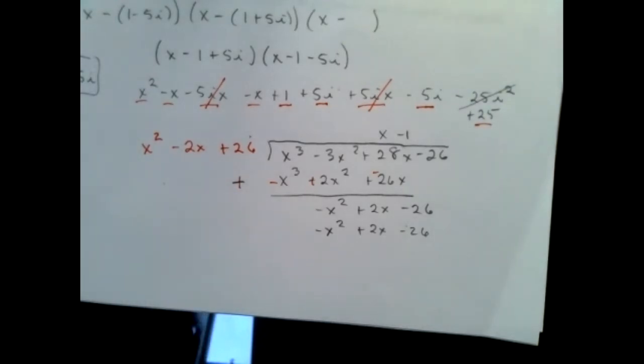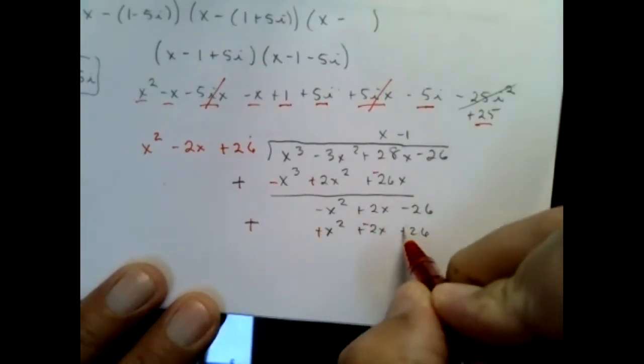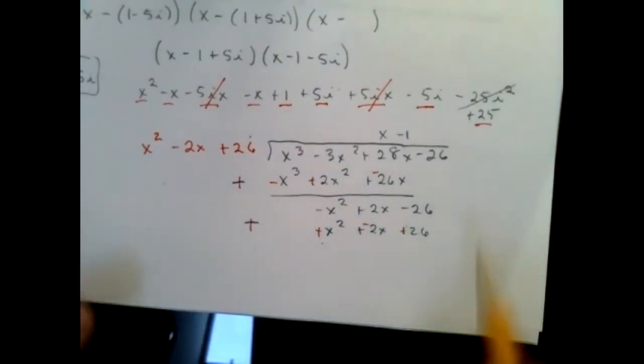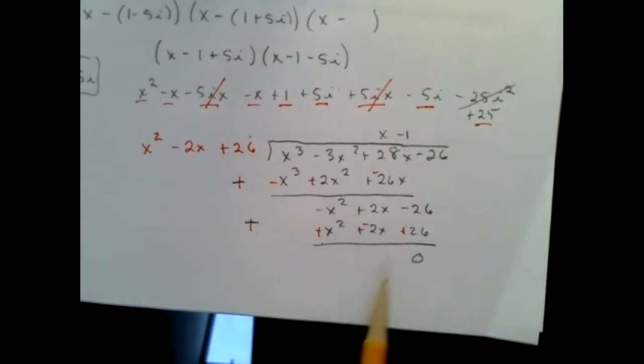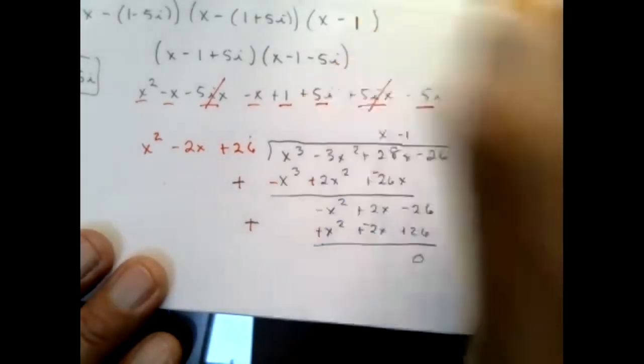Somebody find where I messed up yet? Oh, I didn't mess up. Subtract, that's the same as add the opposites. Yeah, 0. So my third factor is right here, x minus 1.